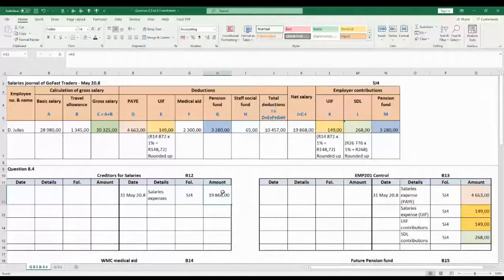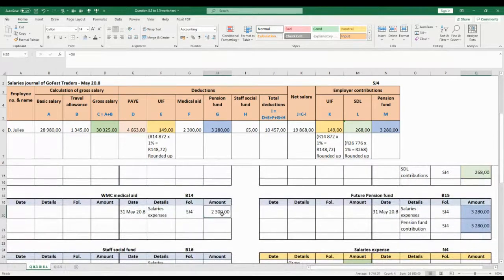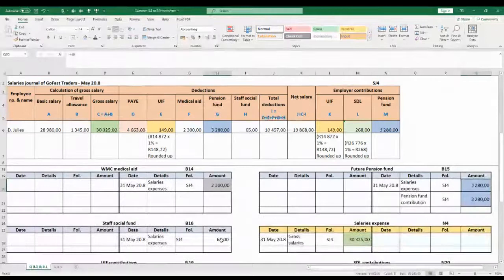Now, if you take all of the credits, so you take that 19,000, the 4,663, the 148, which is also a salaries account, you take the medical aid one and the one that goes to the pension fund, just our contribution, and the social fund, you will get to 30,325, which is exactly the same as the gross salary. So that's how you can test whether your debit equals your credits.